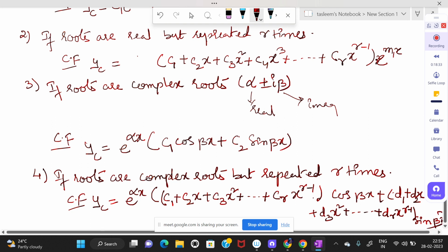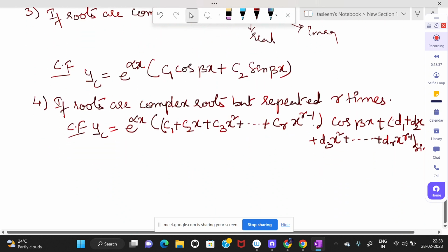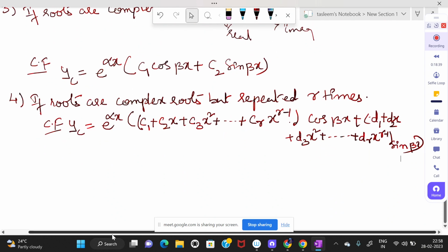When your roots are complex roots and repeated r times, you're going to represent it in this way.